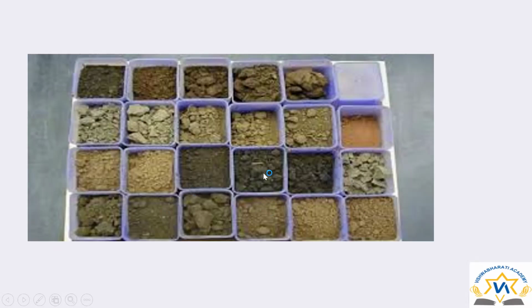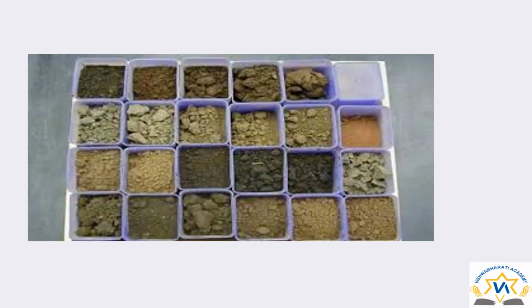Particle size classification is the arrangement of soil according to grain size. The grains are shown in various sizes: gravel, sand, silt, and clay are used to indicate grain size.